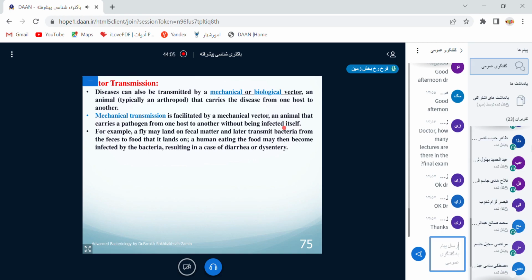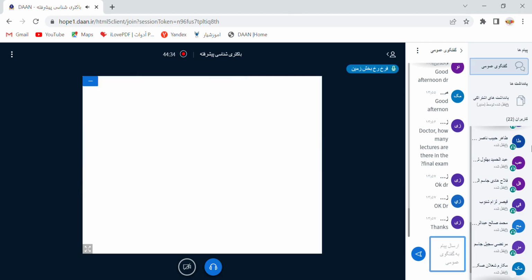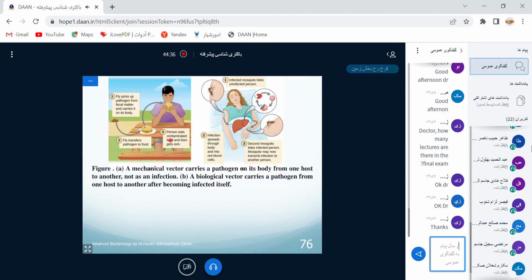Only transmission happens. For example, a fly may land on fecal matter and later transmit bacteria from the feces to food that it lands on. A human eating the food may then become infected by the bacteria, resulting in a case of diarrhea or dysentery.